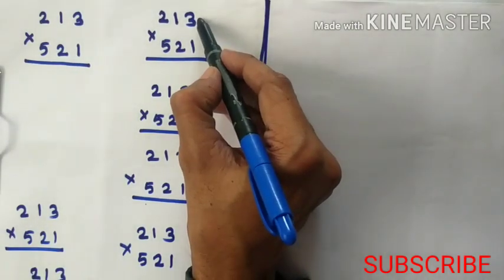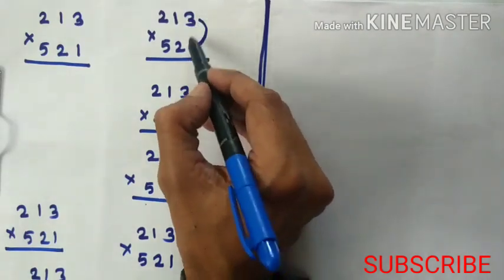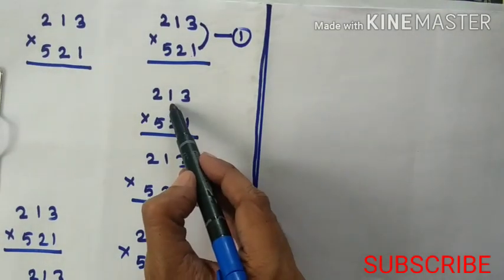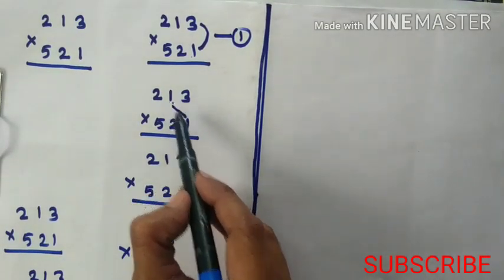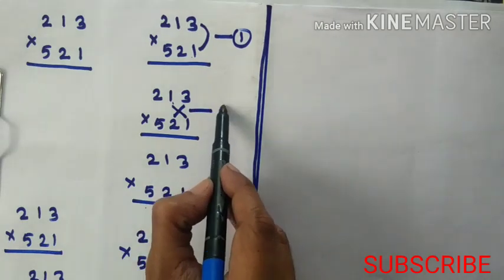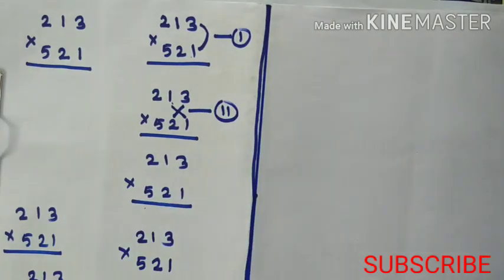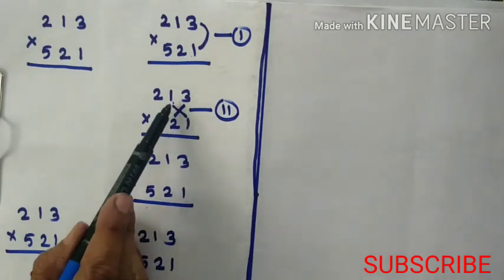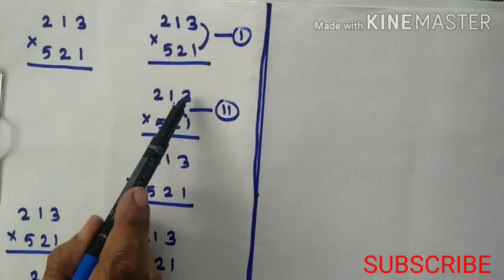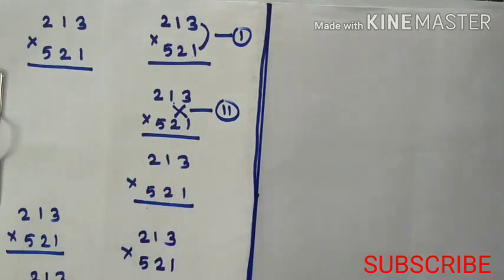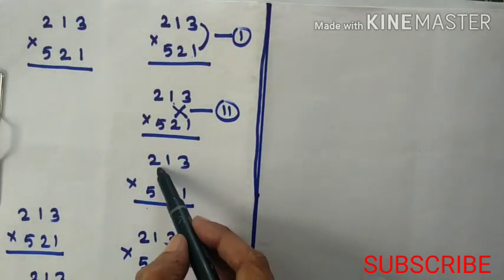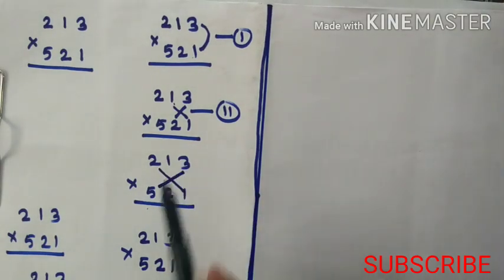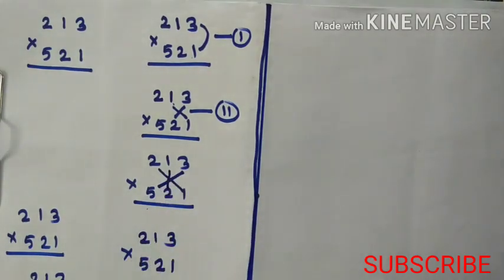you have to multiply these two, 3 into 1. First step. Second step, cross multiplication of these two and addition. Third step, these two, 5 and 3, and then the middle one, 3, 1.